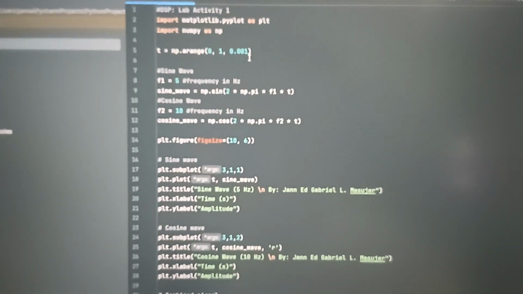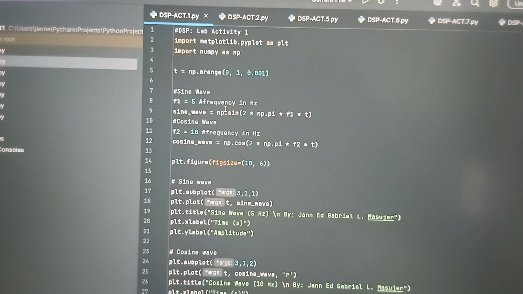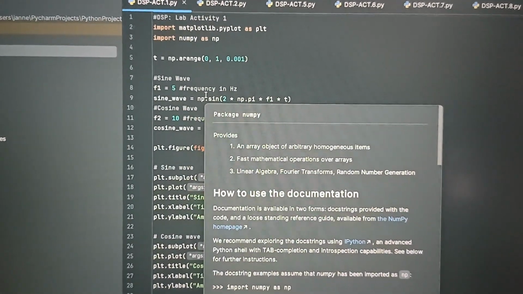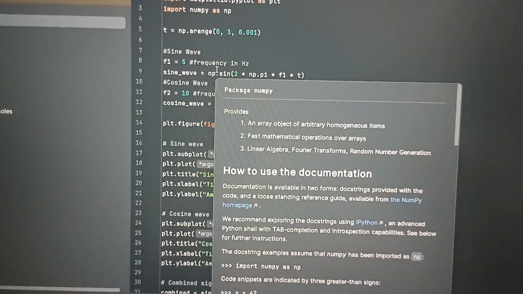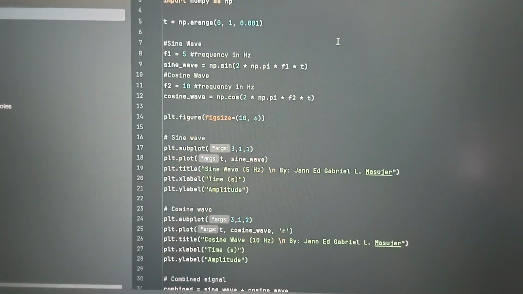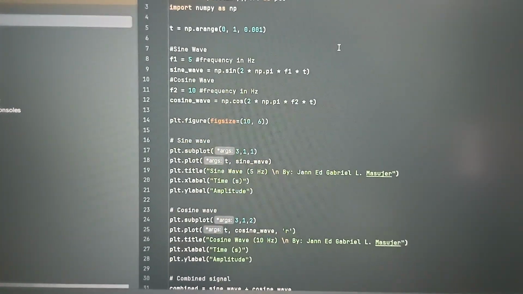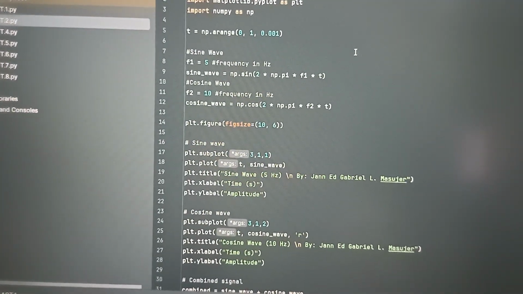This increment is around 1 millisecond. So t represents 1 second of signal sampled at 1000 samples per second, which is a 1 kilohertz sampling rate.